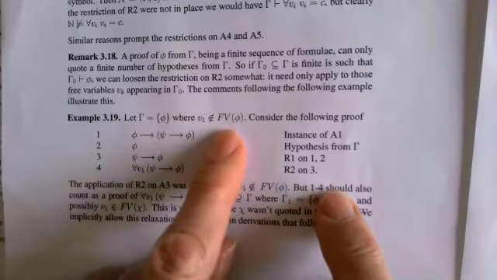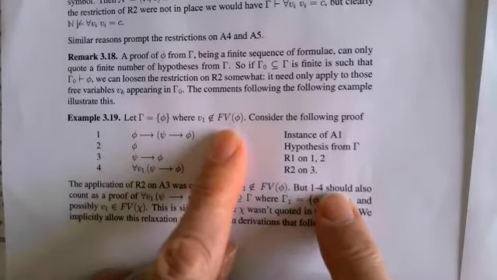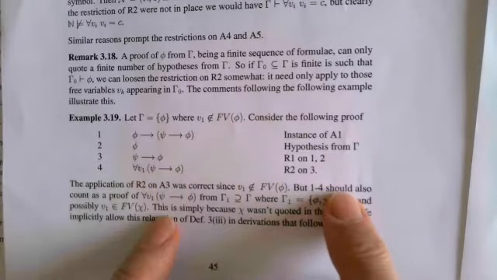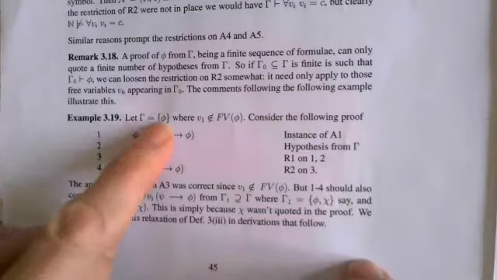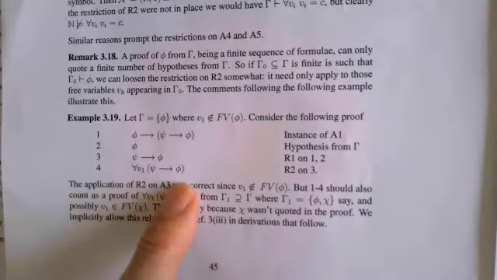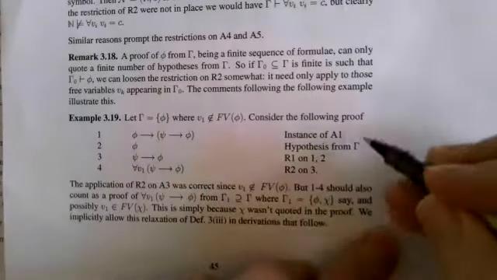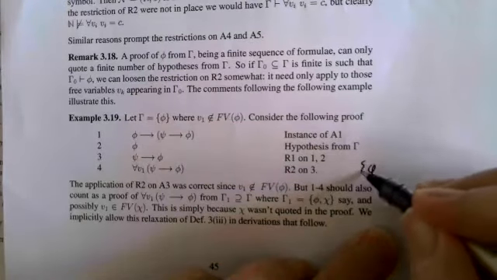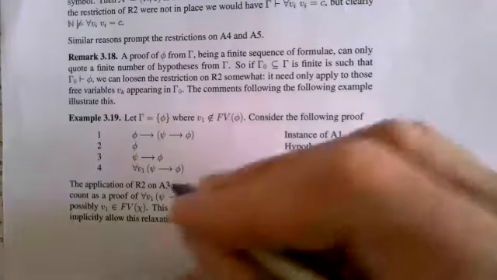That's why I had this specification here. So what we've got then is a proof from phi of this here. We would write something like this: from gamma, I could write phi here. I prove this thing.